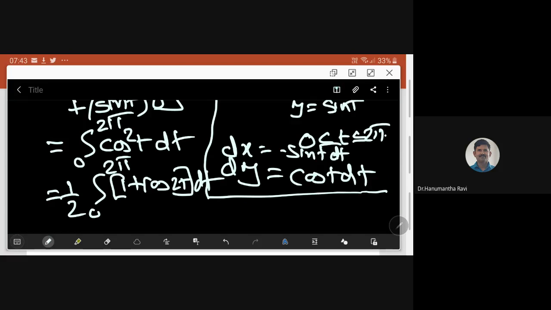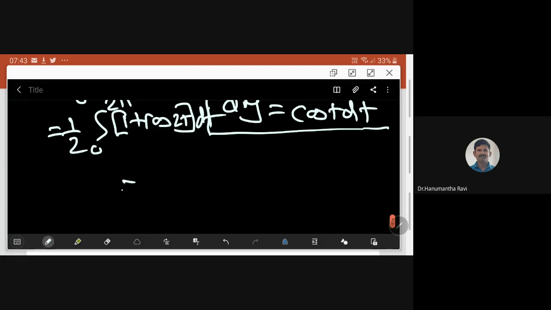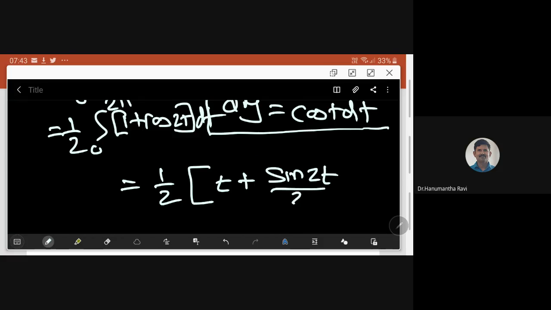This is equal to 1 by 2. What is the integral here? t plus sin 2t by 2, and our t varies from 0 to 2 pi.